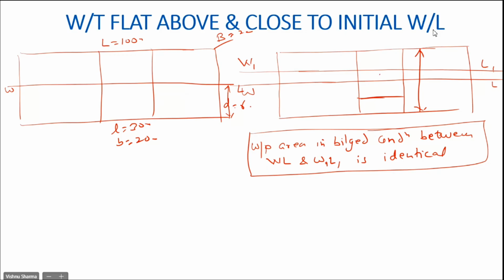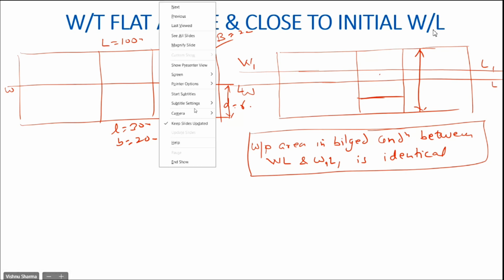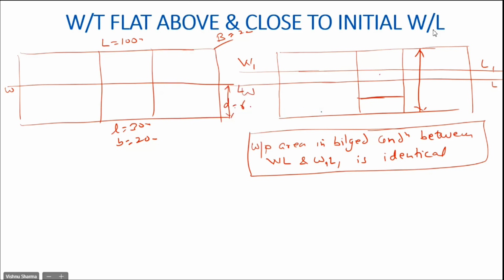I say there is a watertight flat at a height of 6.5 meters. That means now the watertight flat is not like the DB tank top, which was just below the water line. Now the watertight flat comes somewhere here, so that this H becomes 6.5.